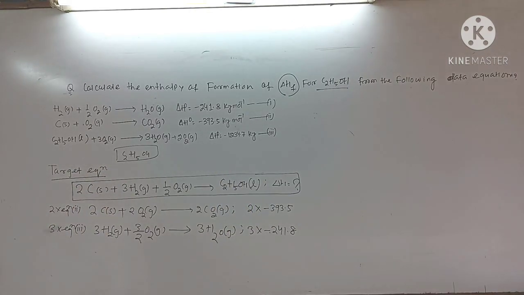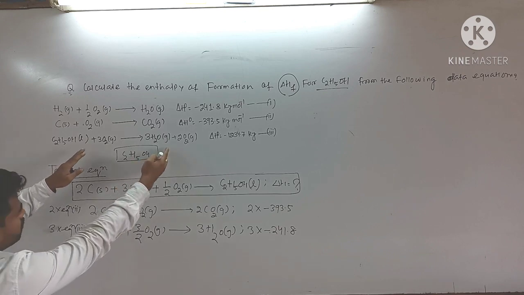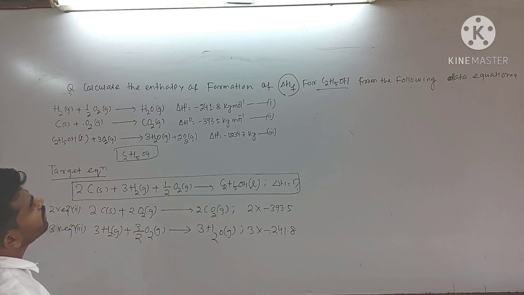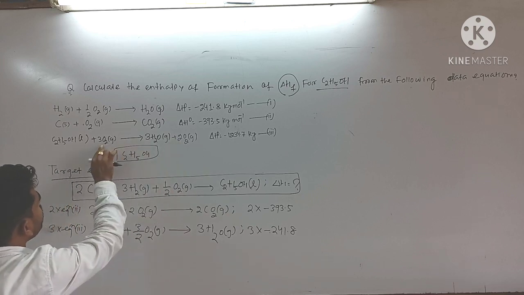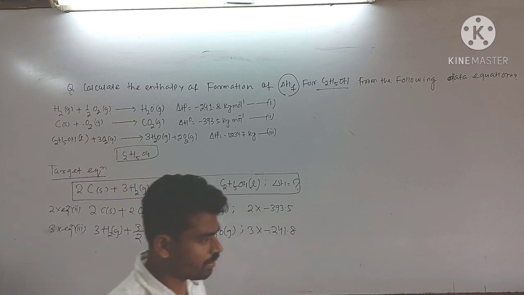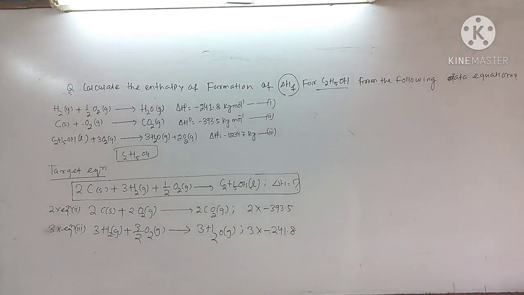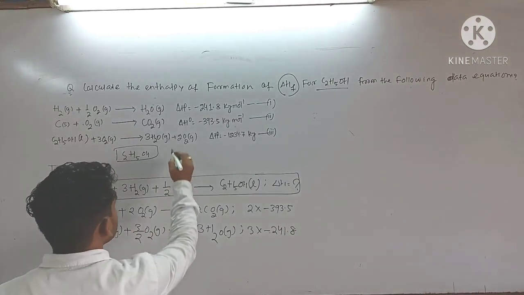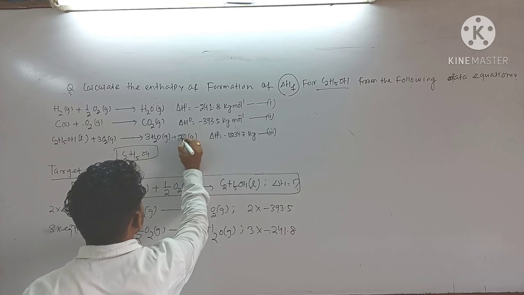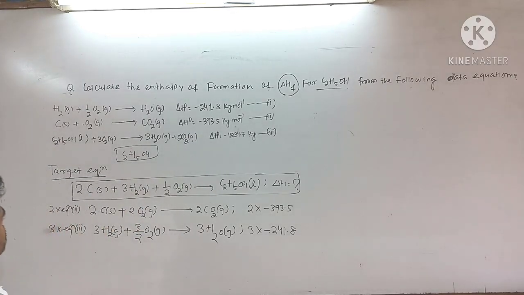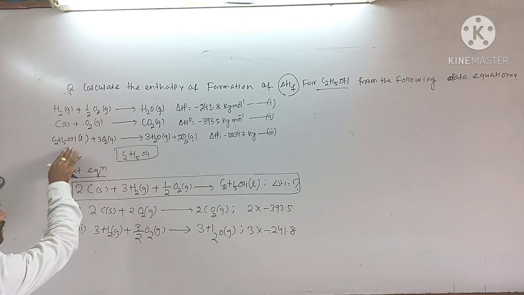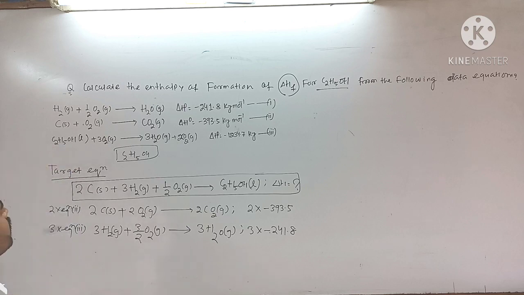So what I have to do is reverse this equation, so that C2H5OH will be on that side, and here will be 2CO2. Sorry students. You just reverse this equation because we need this ethyl alcohol at the right side, and in equation 3 it is present at the left side. So I have to reverse this one.